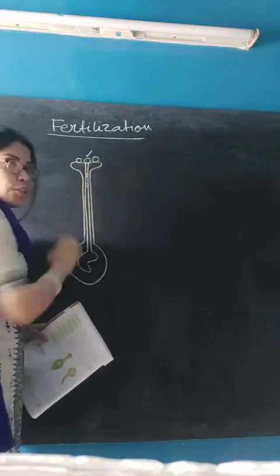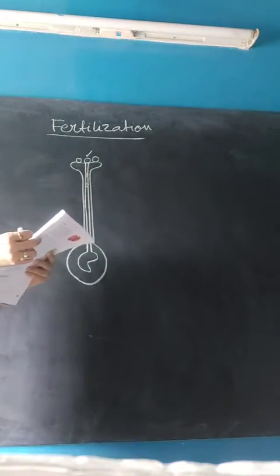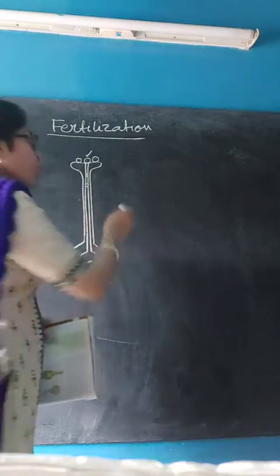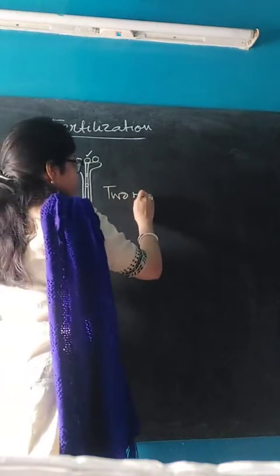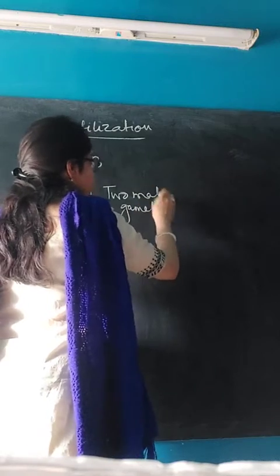Okay, so through this pollen tube, this pollen will start moving downwards slowly. There is a nucleus of this pollen tube, and this nucleus will start to divide to form two male gametes. So how will two male gametes be formed?